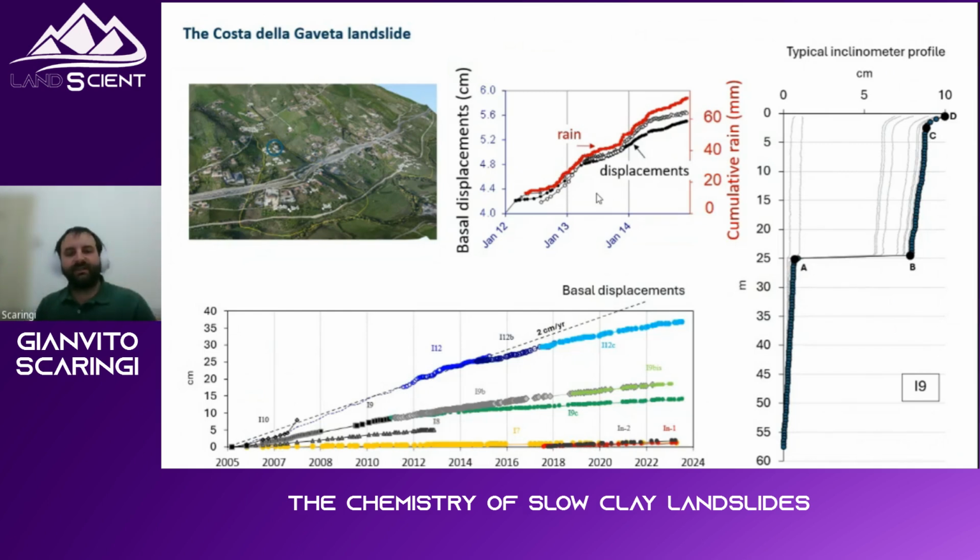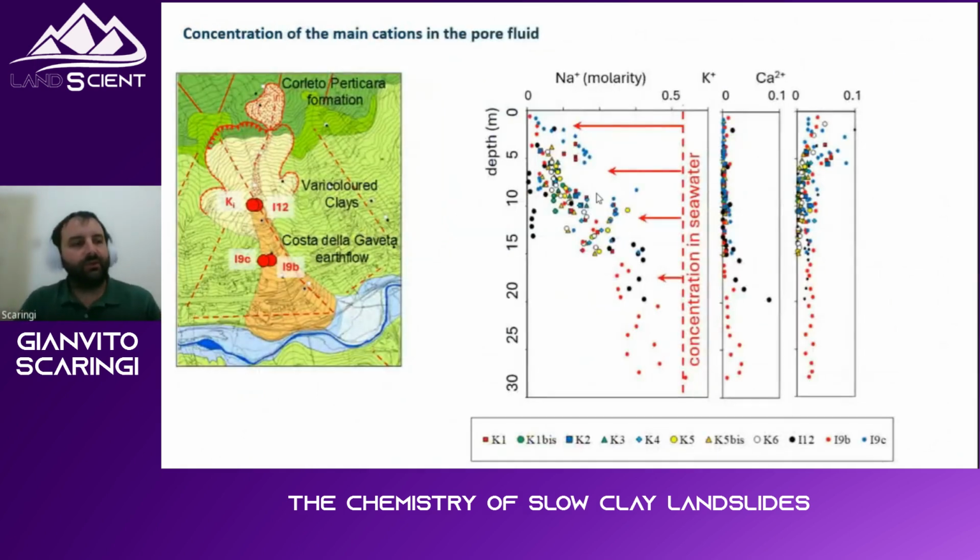They do respond in a certain way to the external environment, to the rainfall. But what is interesting for me to show is how these clay layers present themselves in terms of pore water composition.